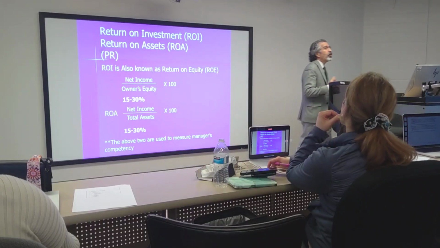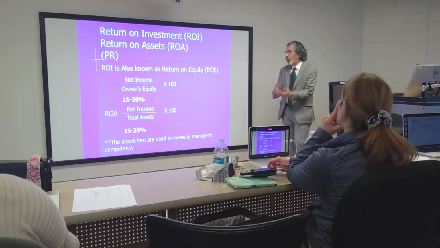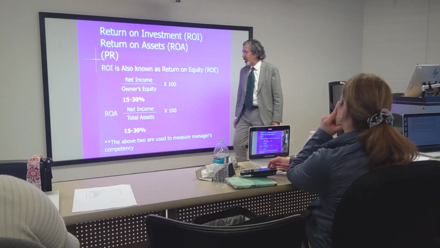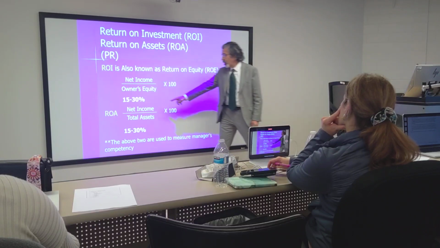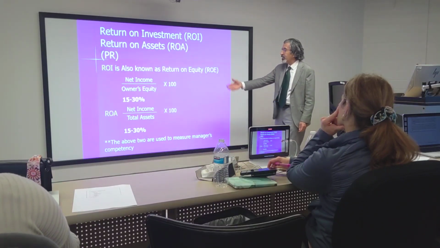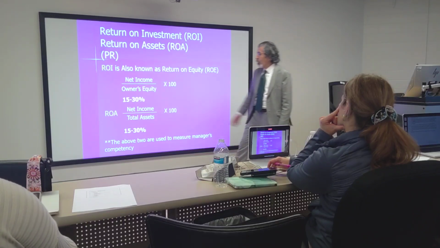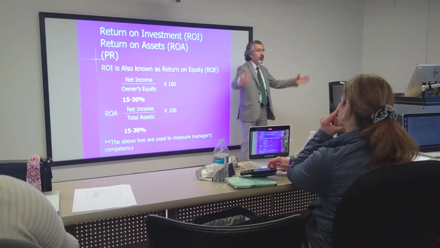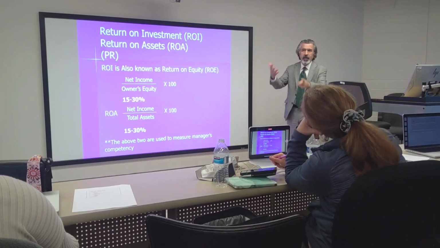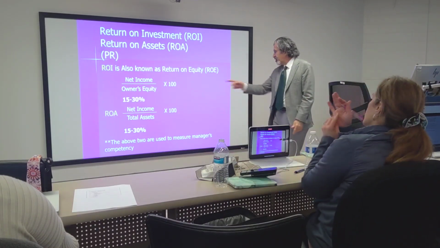Owner's equity is the money you put in. What is my net income over the amount of money I invested in this business? You want 15 to 30. Same with the other one: net income over total assets, ROA, return on assets. What is my net income over the total value of assets, which is cash, building, delivery cars, all of that? 15 to 30%.